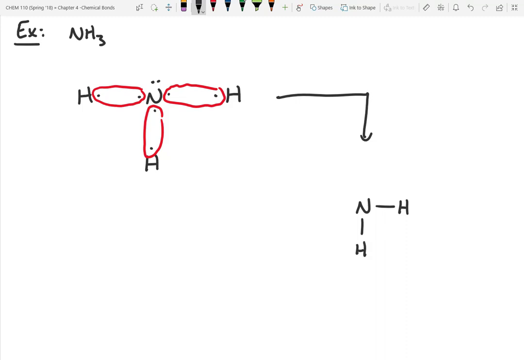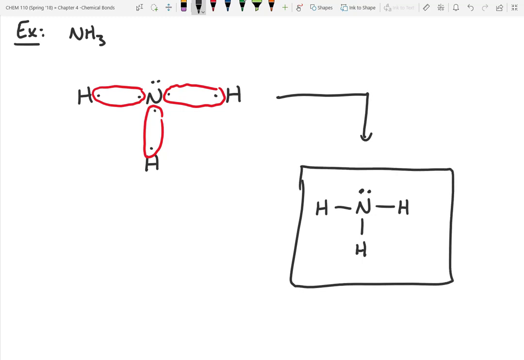Same thing with this hydrogen. Same thing with this hydrogen. And am I done? No. We need to draw that lone pair on the top. So 2 electrons for the lone pair. So this would be the correct Lewis structure for ammonia. We do have to remember those lone pairs, and we'll see why tomorrow. It actually influences their shape.